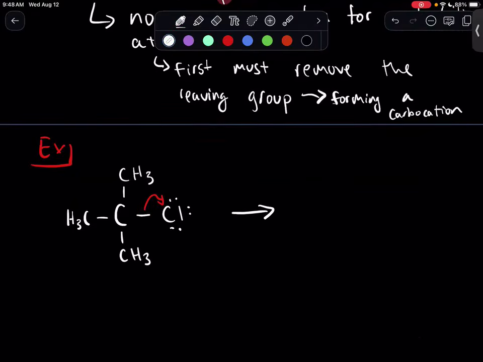Because this is that step where we're just waiting for a bond to just break, this is actually very slow. We have to add a lot of heat or some type of situation to make this happen faster, but this would be our rate determining step. And as our rate determining step, you can see that this is where we get the term SN1. There's only one reactant.